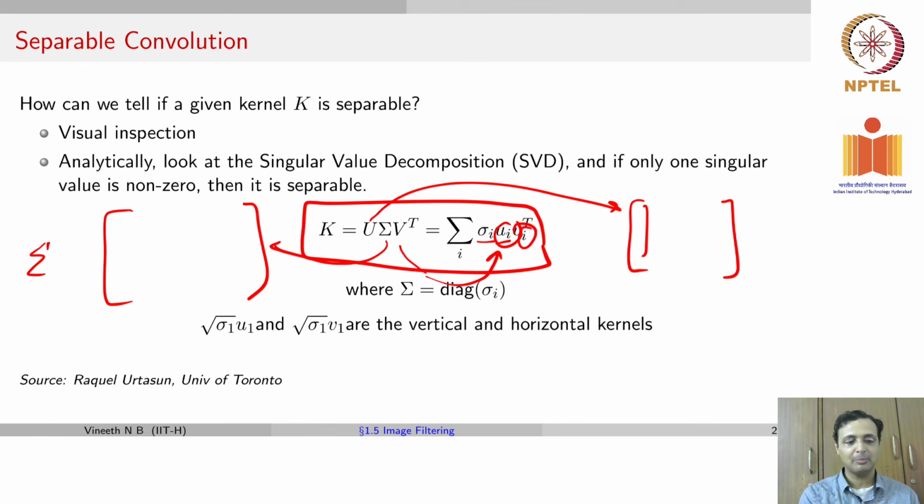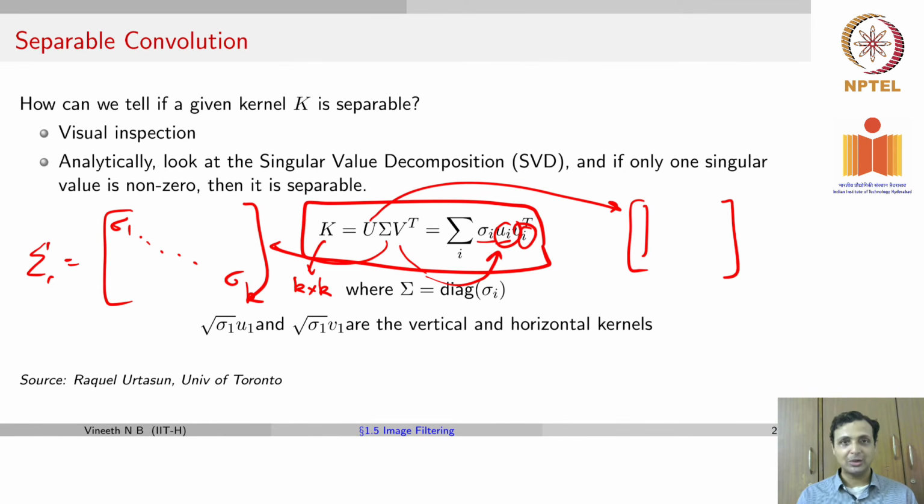If sigma is your diagonal matrix, given by sigma 1 till sigma k, assuming K is a k cross k matrix, then this is your standard singular value decomposition.